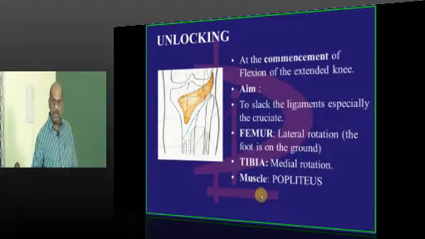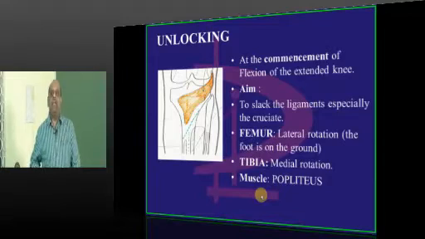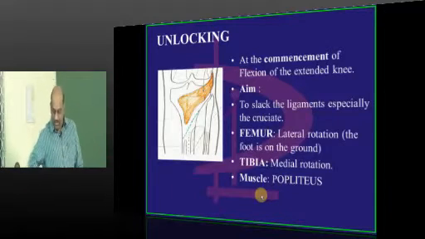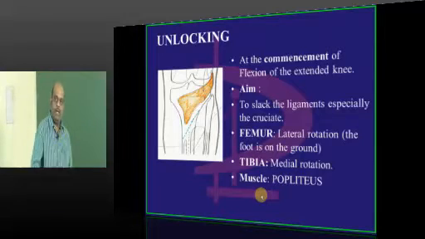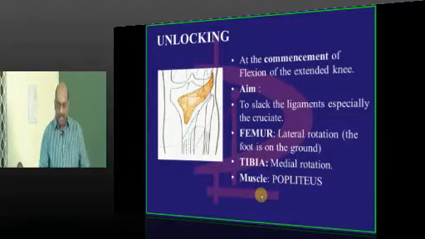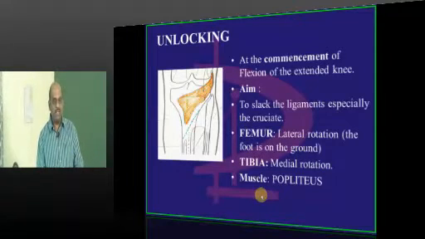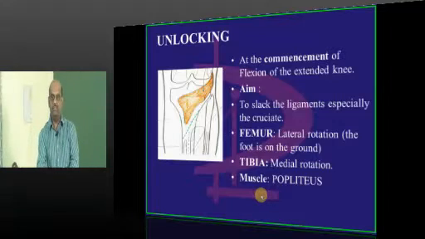The femur will rotate laterally and the tibia will rotate medially, and it is the muscle popliteus which will enable the lateral rotation of the femur and the medial rotation of the tibia, and that will unlock and enable the cruciate ligaments to relax and the flexion to happen of an extended knee.